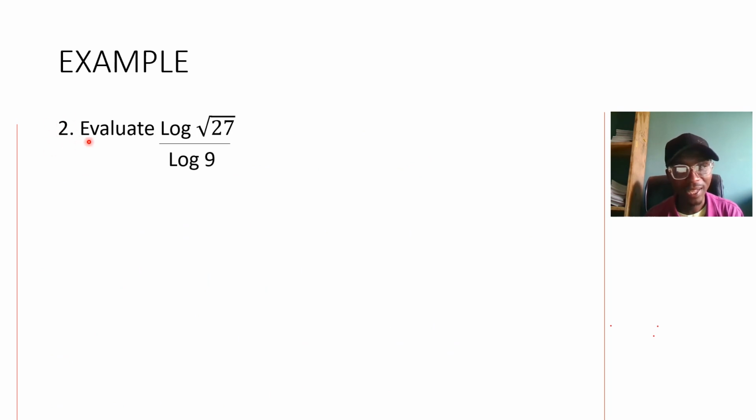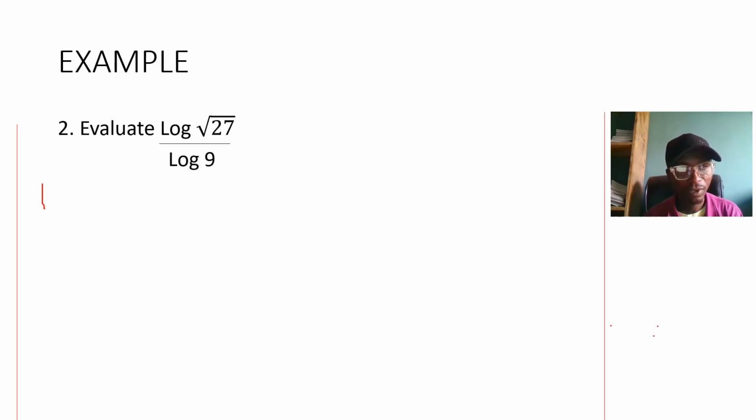Question 2 states: evaluate log root 27 over log 9. In order to solve this problem, we still have to apply the quotient rule of logarithm.